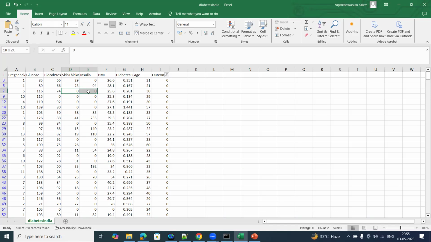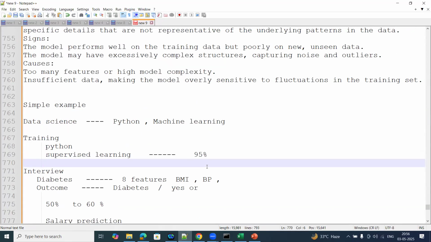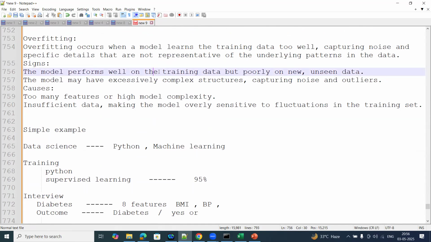These values are present for that patient, but the doctor forgot to enter them into the database. For such data sets, first we need to handle those outliers. Without handling outliers, the model's performance with unseen data will vary.